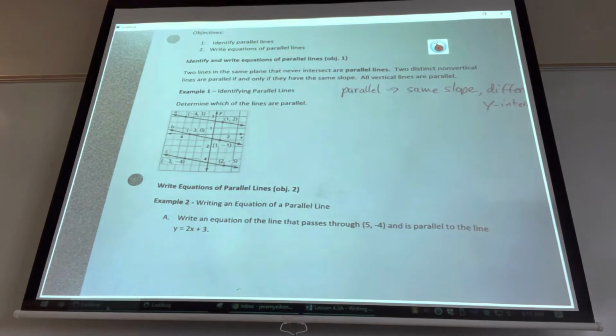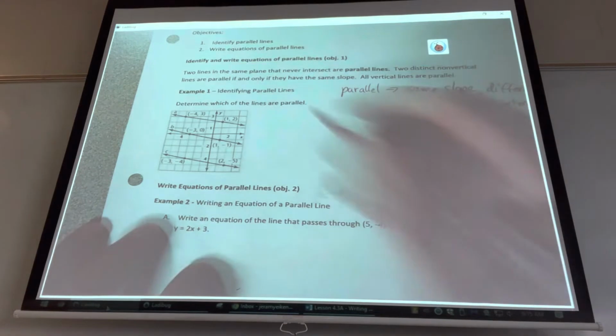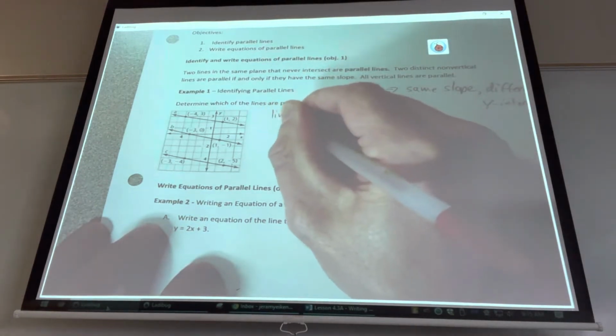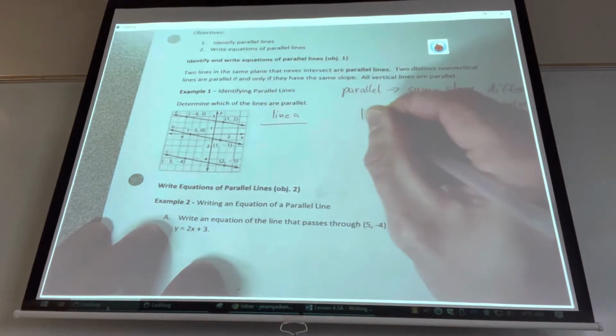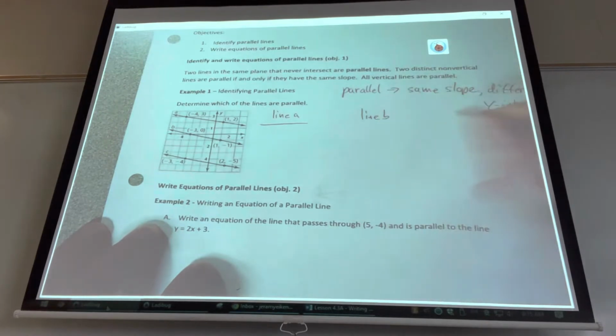To know for certain, what do we need to know for each of these lines? What the slope is. So we need the slope for line A, line B, and line C.